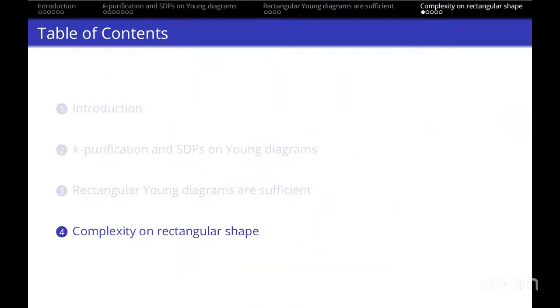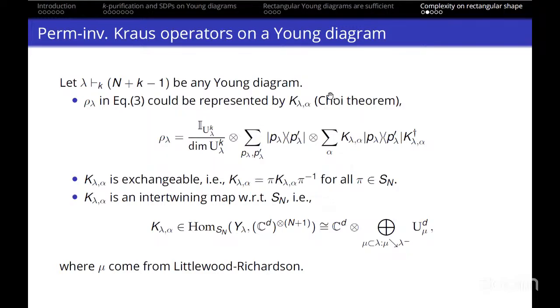And now that we can define our SDP on a family of rectangular Young diagrams, we look at the complexity problem. And then let's go back to the general cases. We don't require this Young diagram to be a rectangular shape, and actually, as in the previous work, we can show that the block state or the Werner state can be decomposed in this way, and this is the Schur basis.